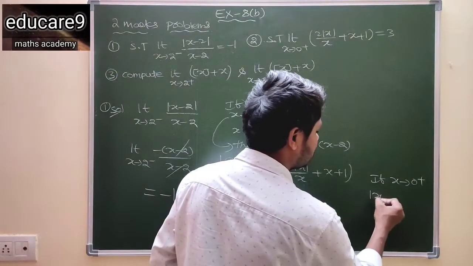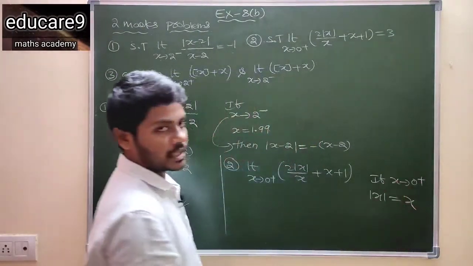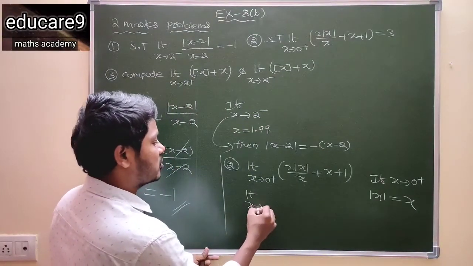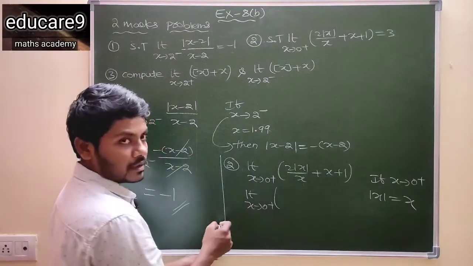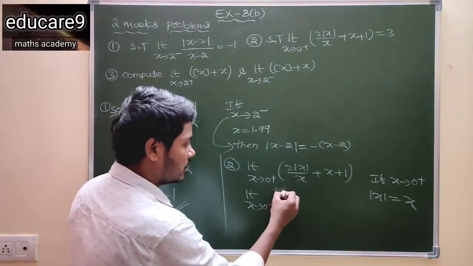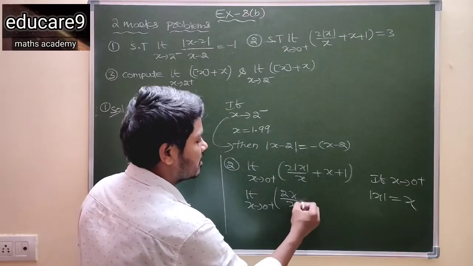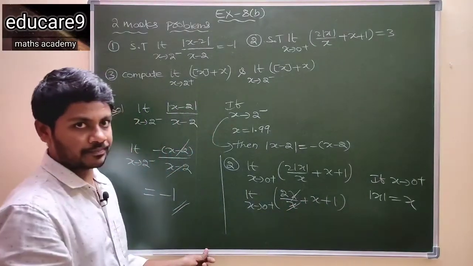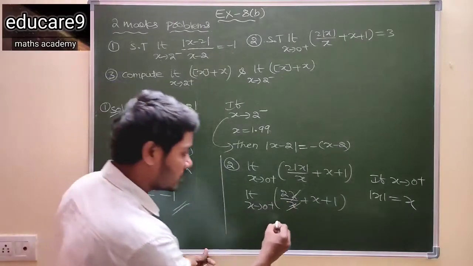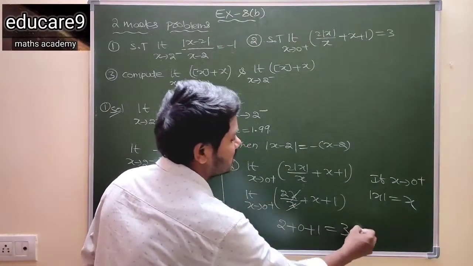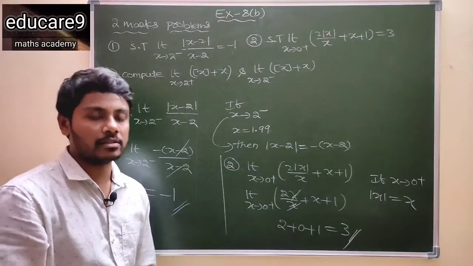You will get positive value, positive of x. So if x tends to 0 plus, then mod x value is x. It is 2x by x plus x plus 1. So x gets cancelled. Now apply the limit value: 2 plus 0 plus 1. You get 3. So this is the required answer.